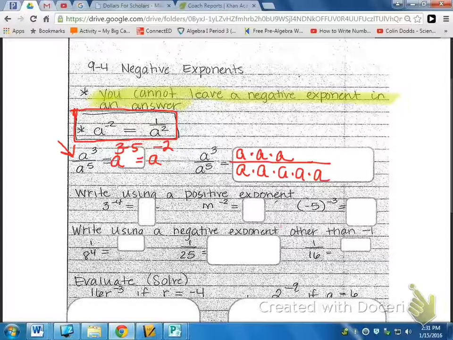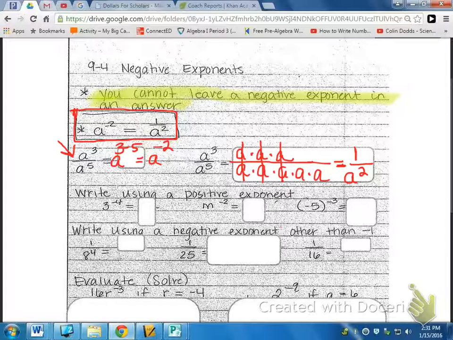Cross it out, cancel it out. So in this one, I'm going to cancel out that set of a's and that set and that set, removing everything from the top. When that happens, everything cancels out on the top. You have to, at the very least, leave a 1 there. And on the bottom, I've got a times a, which we would write as a squared.